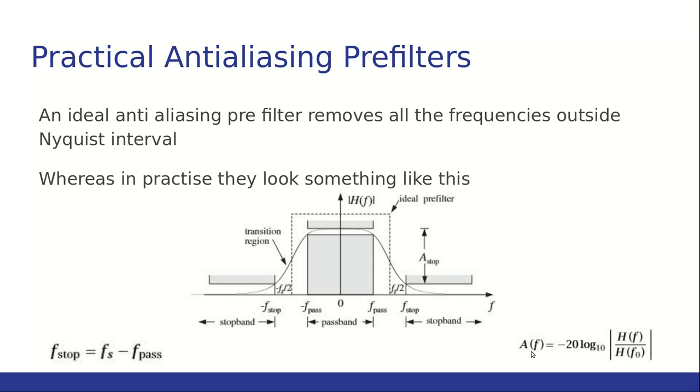And the attenuation here can be calculated using this formula. The frequency f stop can be calculated using fs minus f pass. Fs by 2 here is in the middle of f pass and f stop.